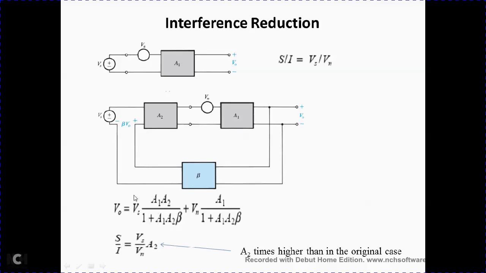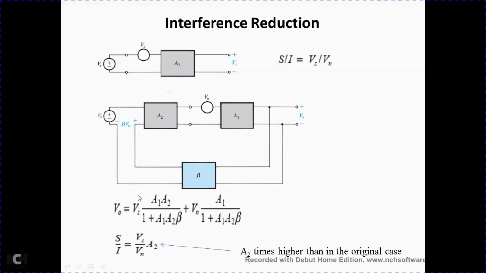This is the output voltage because of the input Vs, the output of the system. V0 is equal to Vs into A1 A2 by 1 plus A1 A2 beta.